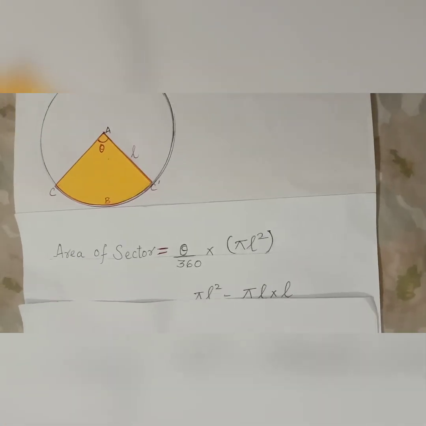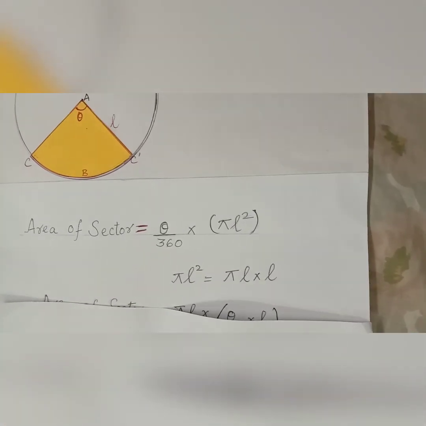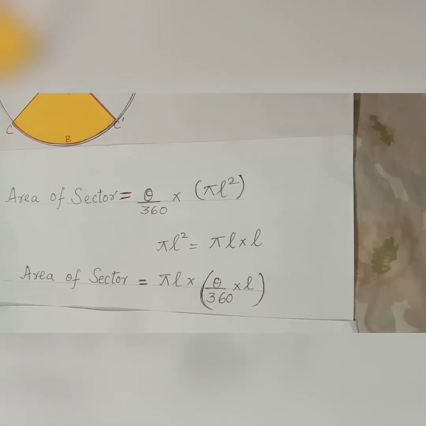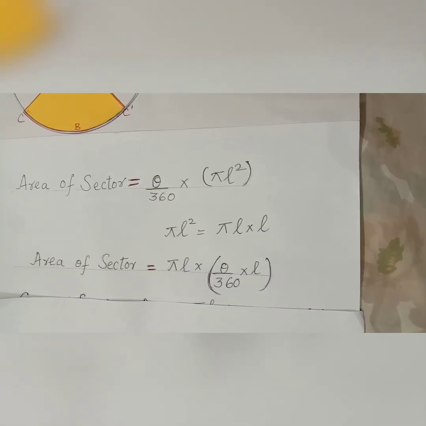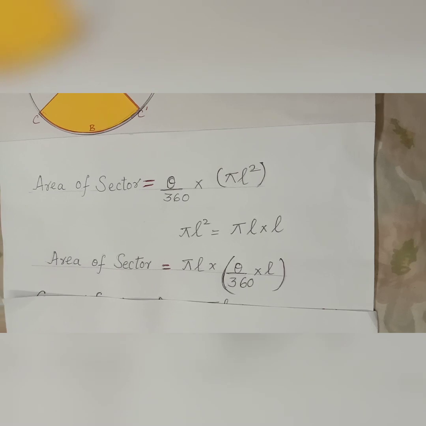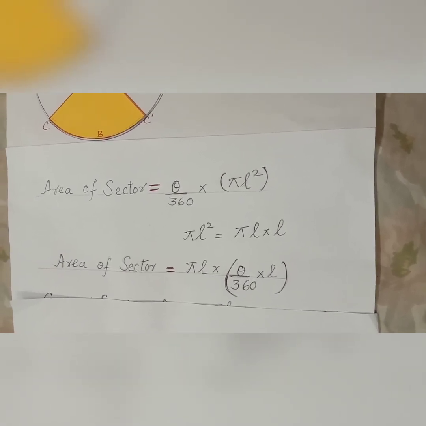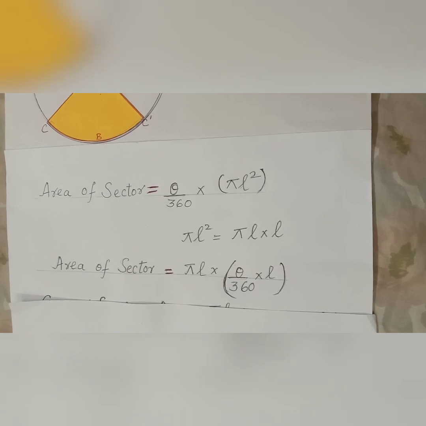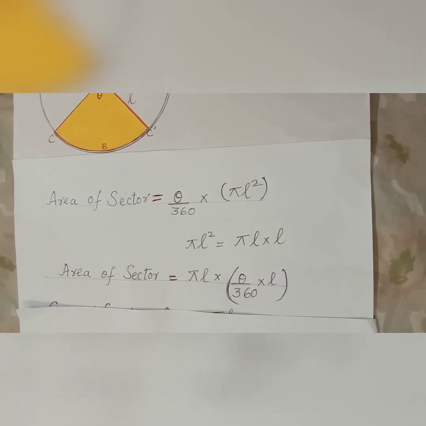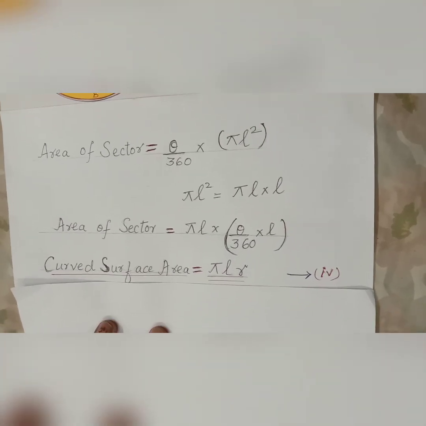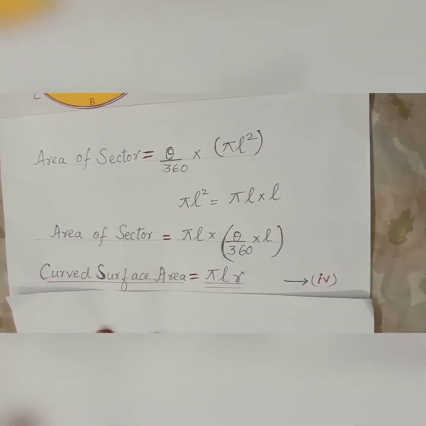Now, when we split up pi L square as pi L multiplied by L and substituting the value, we get area of the sector is equal to pi L into theta upon 360 multiplied by L. Now, theta upon 360 multiplied by L is the value of r from equation number 3. So, curved surface area of the cone is equal to pi L r.